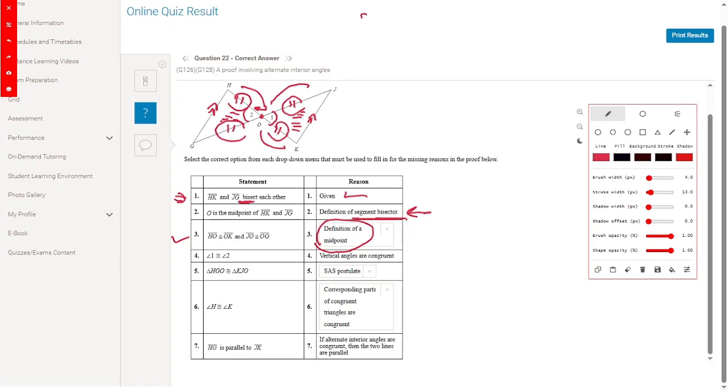So now I have two sides and one angle, right? That means I can prove this triangle OKJ is congruent to triangle GOH.